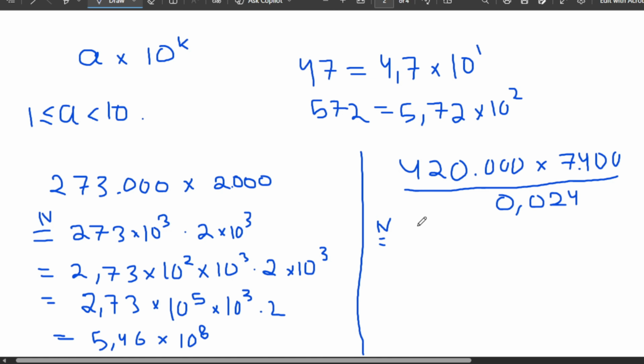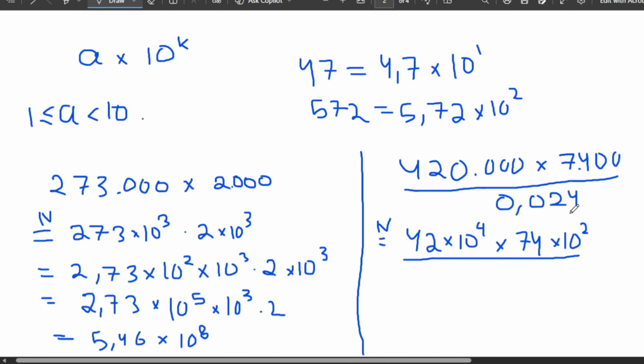So we have 420,000, which will be 42 times 10 to the power of 4. How many zeros? 1, 2, 3, 4. Times 7,400, which would be 74 times 10 to the power of 2, divided by 0.024.